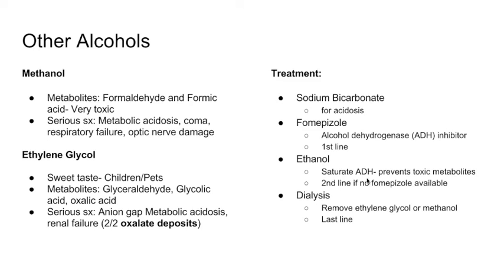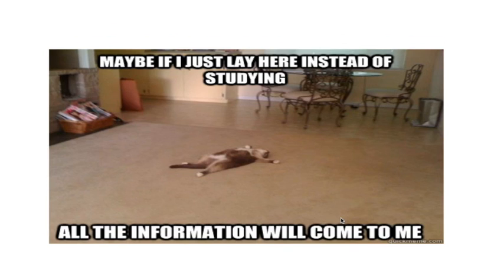So it goes and competes with these other alcohols and it prevents toxic metabolites. Of course, ethanol is a second line if no fomepizole is available. Last ditch effort is dialysis, and that's mechanically removing ethylene glycol or methanol from the blood as the last line.